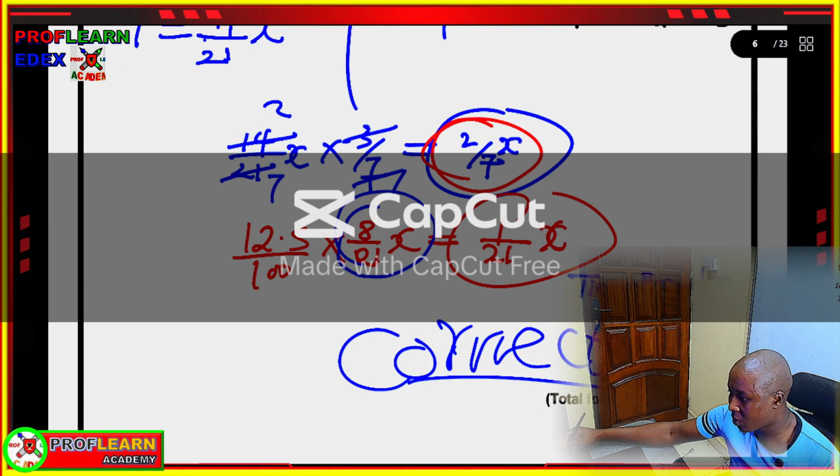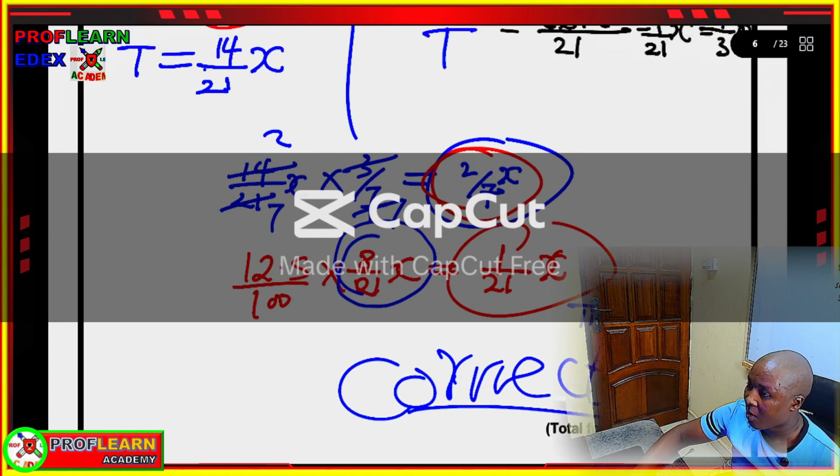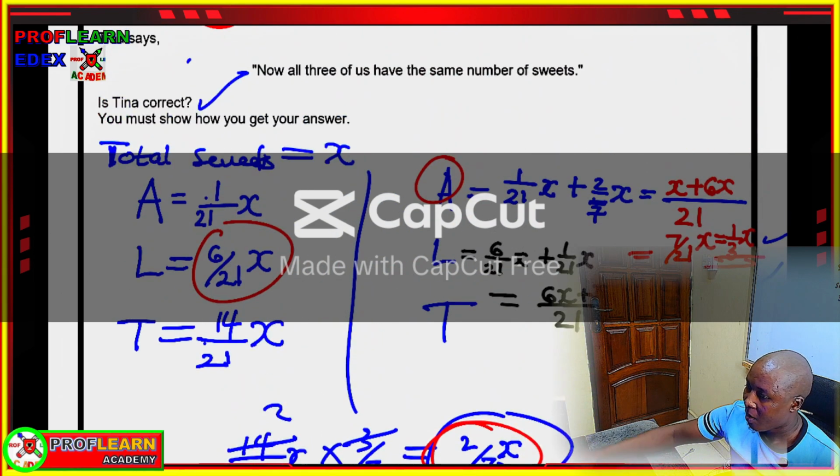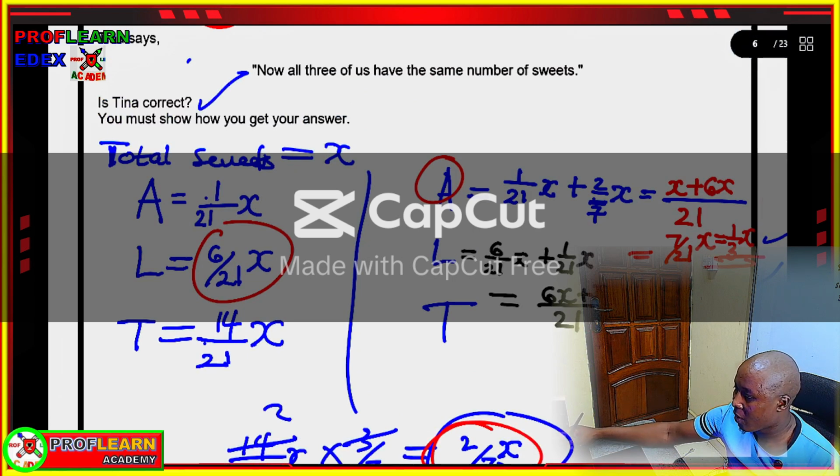So 8 minus 1 will be 7 over 21 of x, and this is going to be 1 over 3 x. So you can see Tina is having 1 over 3 x, Luke is having 1 over 3 x, and also Hadi is having 1 over 3 x.